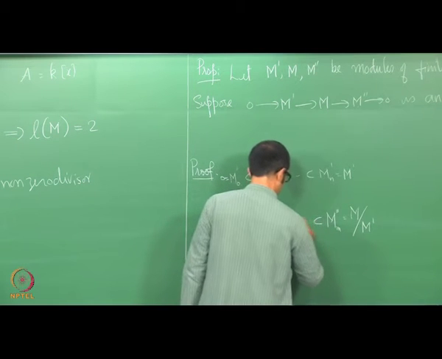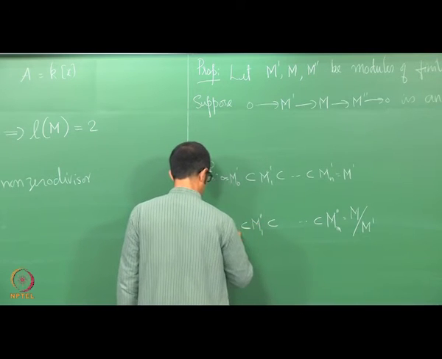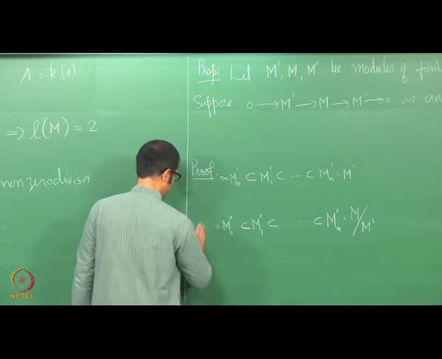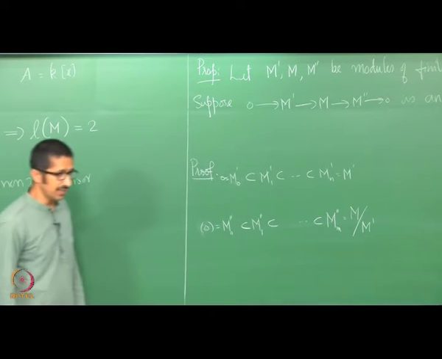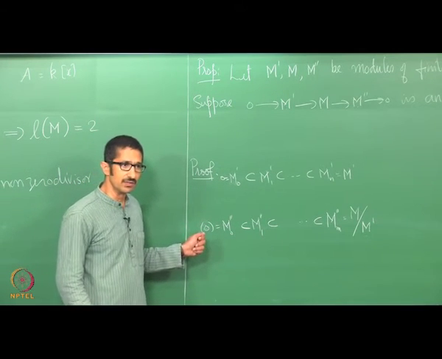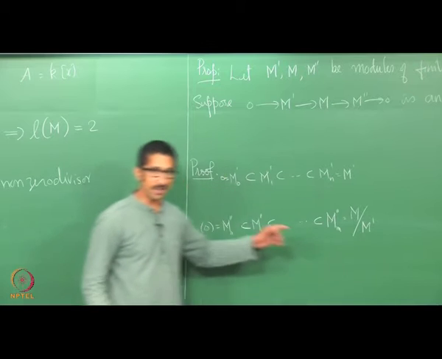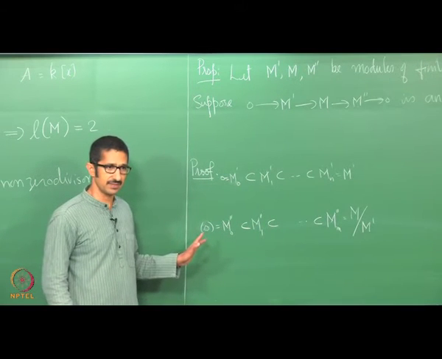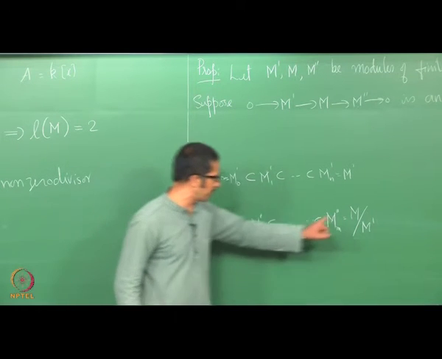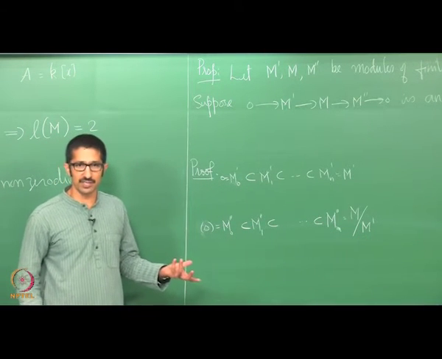I have a composition series like this: M naught double prime contained in M1 double prime and so on, where M naught double prime is 0. What is meant by 0 here? M prime mod M prime. Now M1 double prime is a submodule of M mod M prime. How does any submodule of M mod M prime look like?